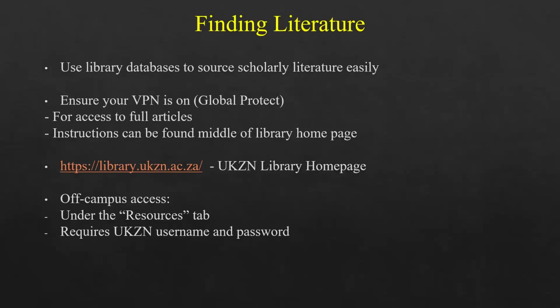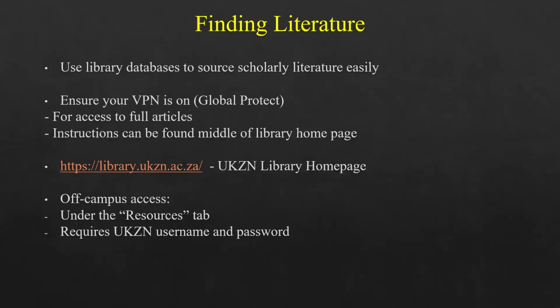So an important technical consideration when you're using your library database is to ensure your VPN is on, and at UKZN, the VPN is called Global Protect, which I'm sure you all know at this stage. Ensure your VPN is on at all times because sometimes when it's off, you won't be able to access certain articles that you find.